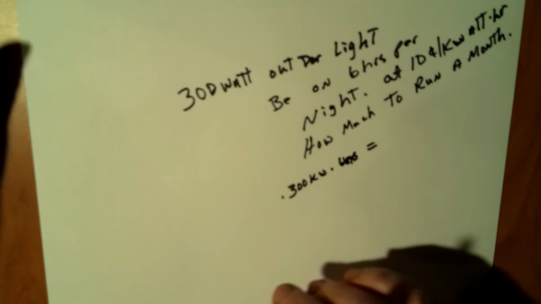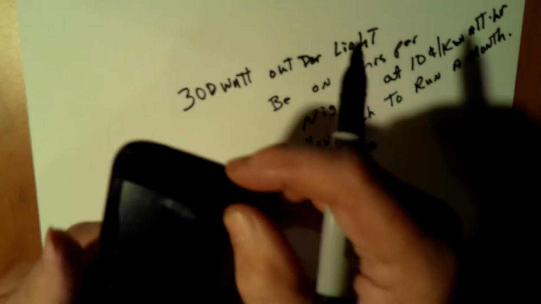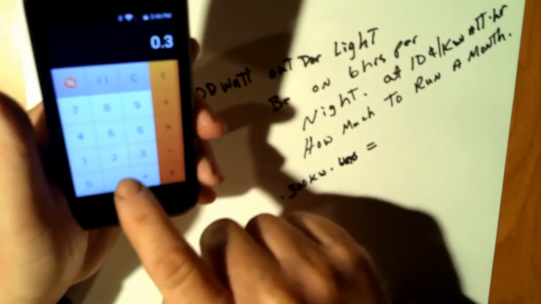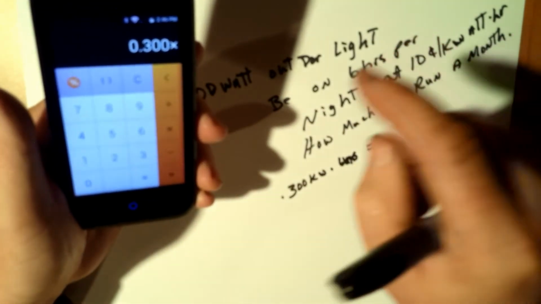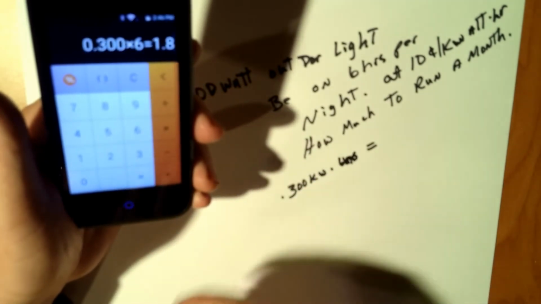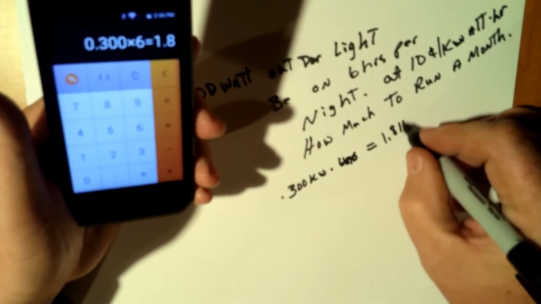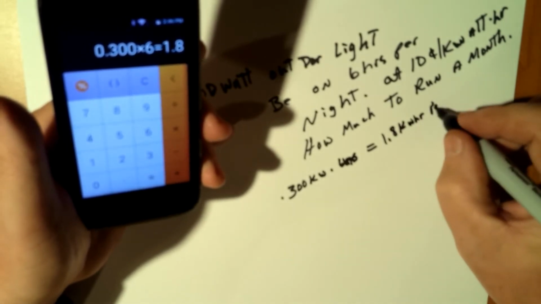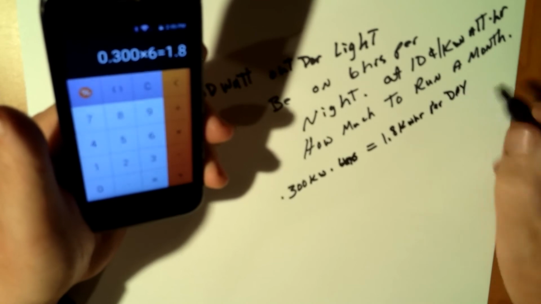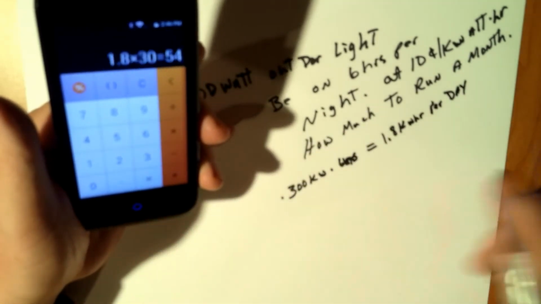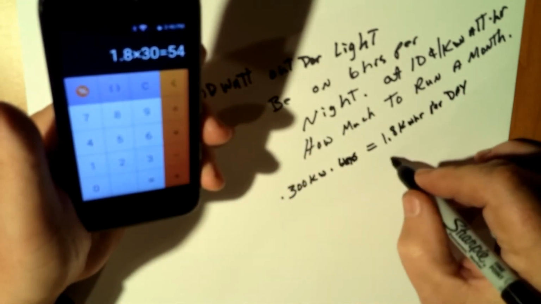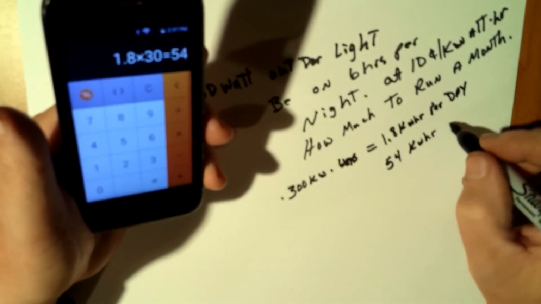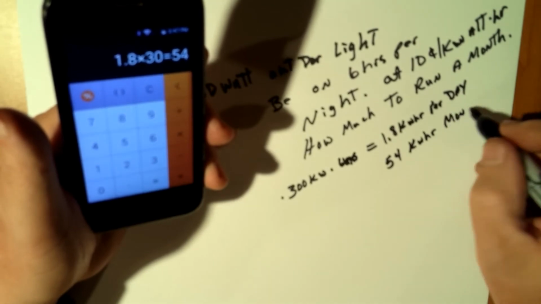That winds up being 0.300 times 6 equals 1.8 kilowatt hours per day, times 30. That's 54 kilowatt hours per month.